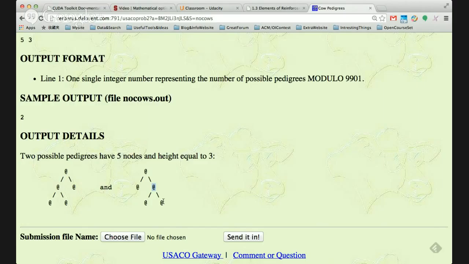And my substructure, my left or my right subtree, can have a height of at most 2. Am I right? Yes. Okay, this is how the thing works. How can I search out this stuff in the dynamic programming way? Okay, let's take a look at the code.